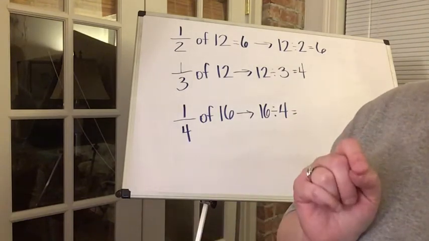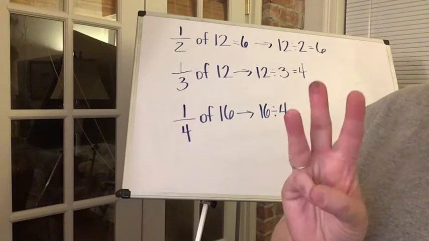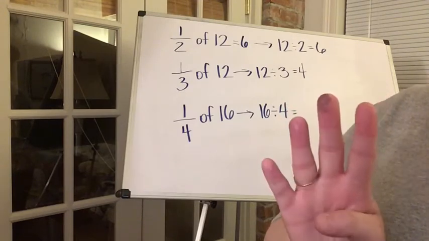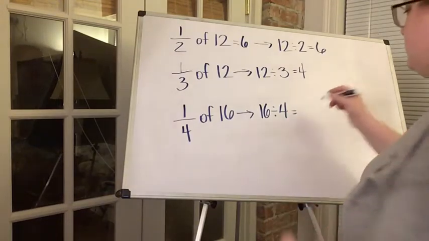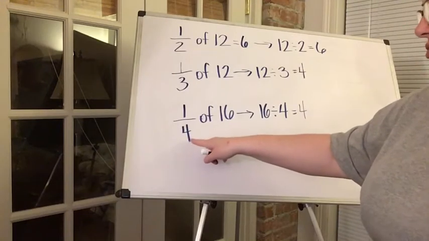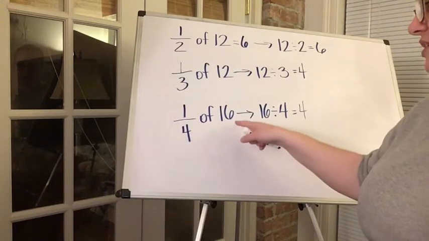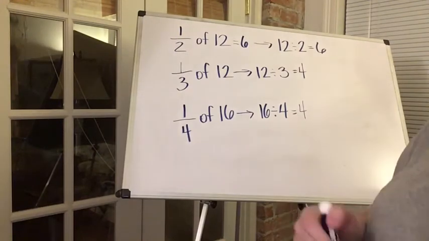All right, let's start. 4, 8, 12, 16. So what's 16 divided by 4? 4. Good job. So if you get a worksheet where it says draw a circle a fourth of 16, then you would only circle 4. Okay, I hope that helps.